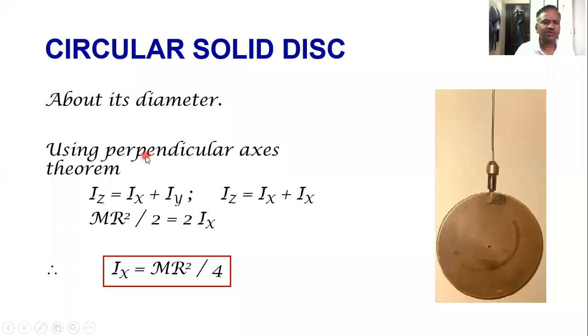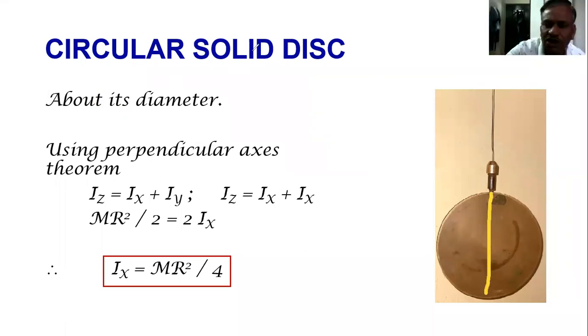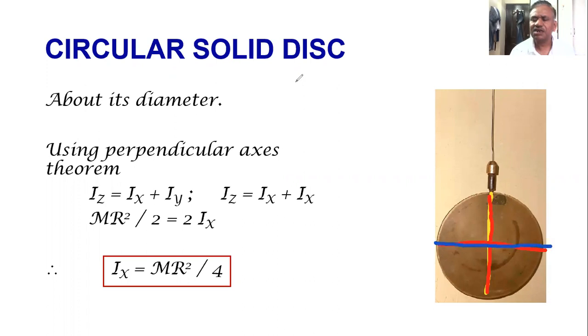Okay. Now, about its diameter. This is the diameter. It may be like this, or like this. Whether you are rotating about this axis or about this axis, the moment of inertia always remains the same here.